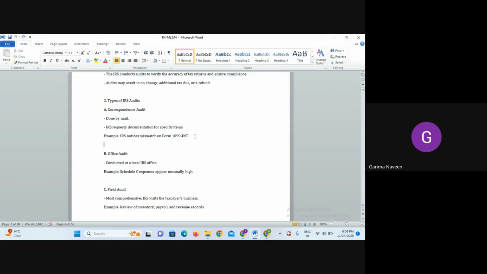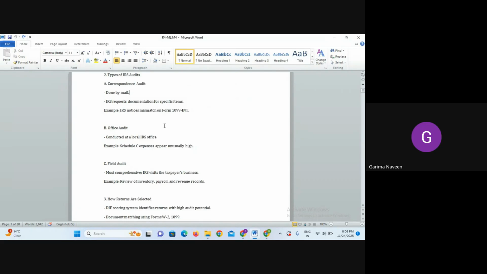So if you have shown your interest income on Schedule B in Form 1040, they may ask you to give more details, like your Form 1099-INT, or they may find something mismatched. So they may ask you for some documentation, which is called the correspondence audit.